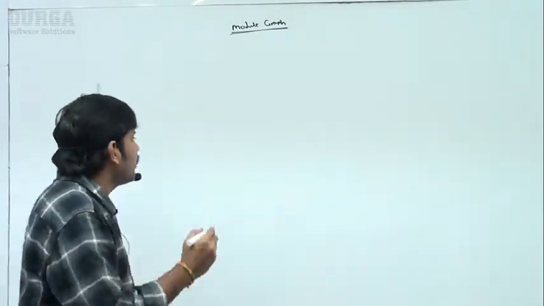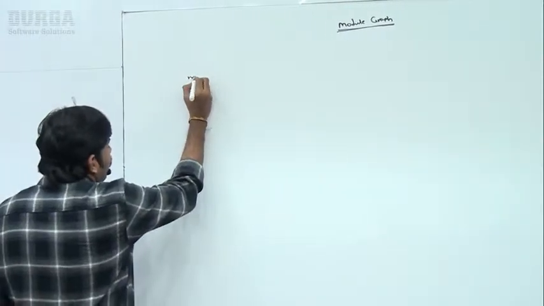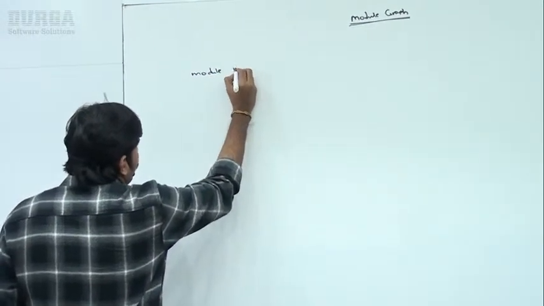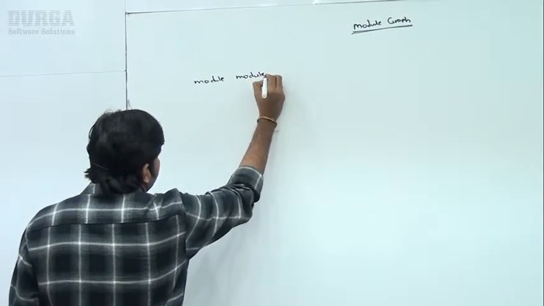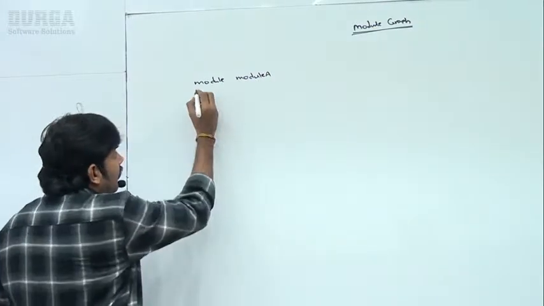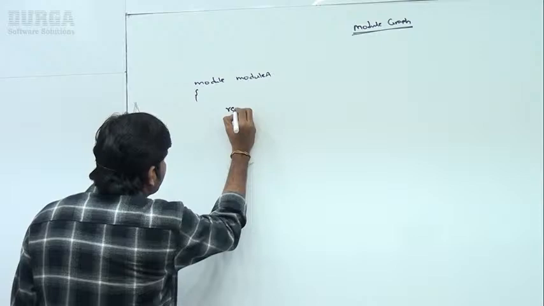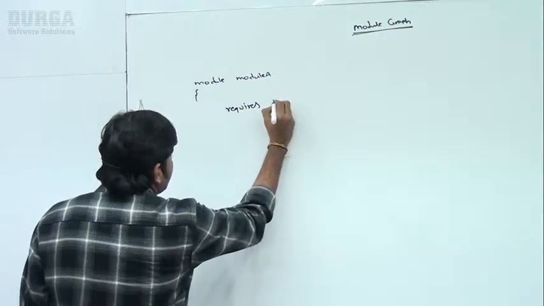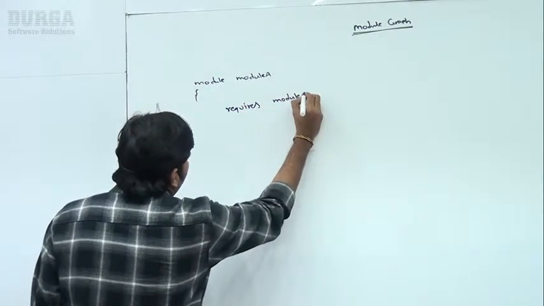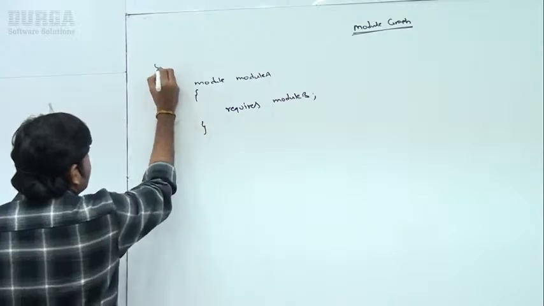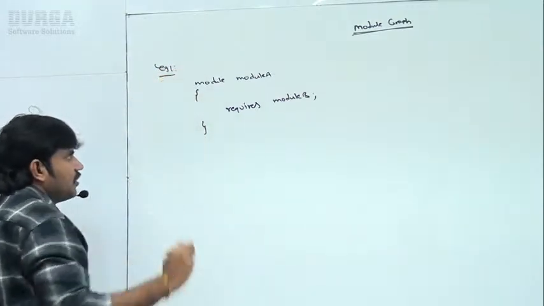Observe that here. Assume I have one module, sir. Module A. Module A requires module B, sir. Observe that this is just my first example I am taking.